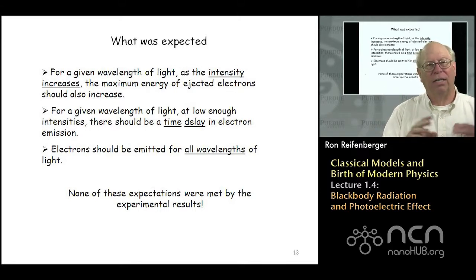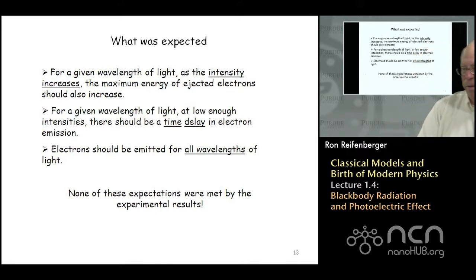So for very low intensities of light, maybe there's a time delay that you can measure and experimentally determine, and that would then tell you something about how the electrons inside the metal are accumulating energy, right?